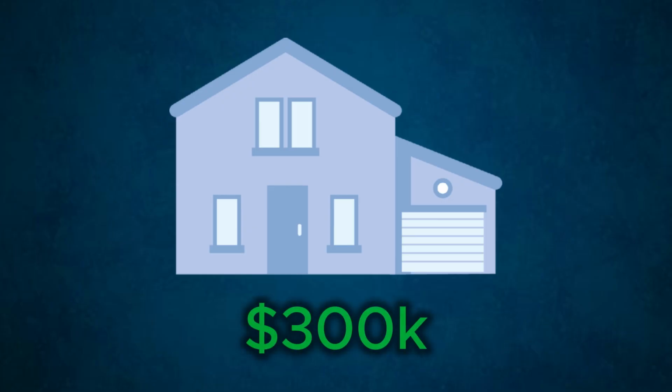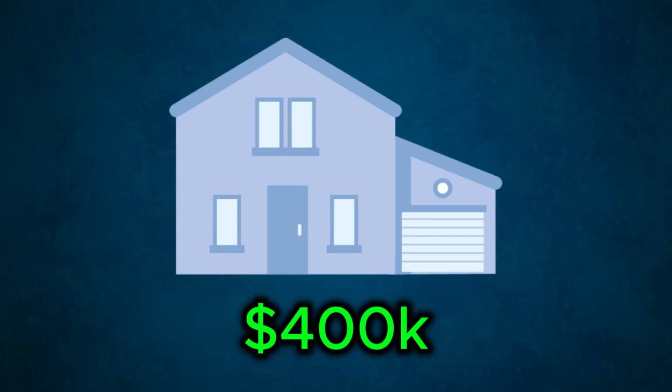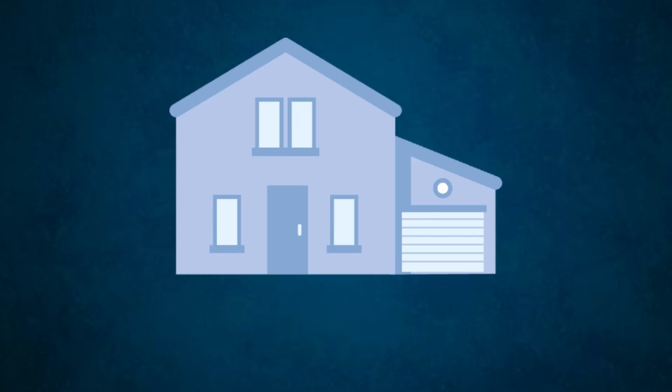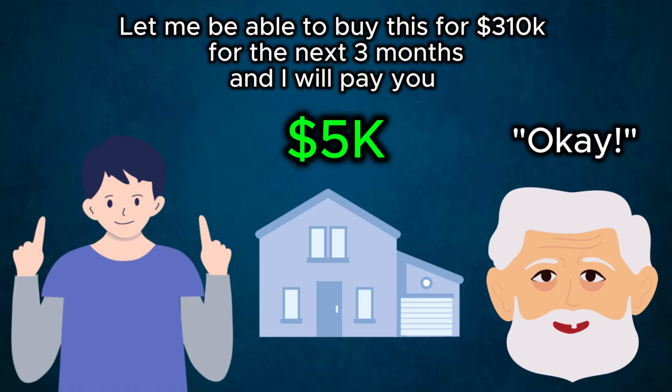Well, to give a good look into what options are, think about a house that is worth $300,000 today and you want to buy it. But you think it will jump to $400,000 in the next 3 months. Problem is, you shouldn't buy it right now if you think it'll be like that. So you tell the seller to give you the right to buy it at $310,000 anytime within those 3 months, and that you'll pay him a $5,000 premium up front to hold it off the market.